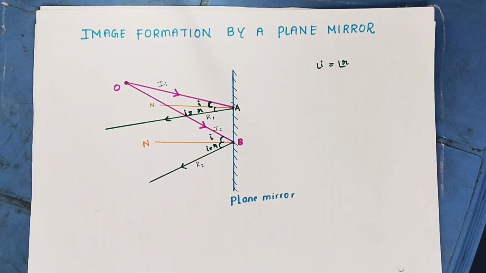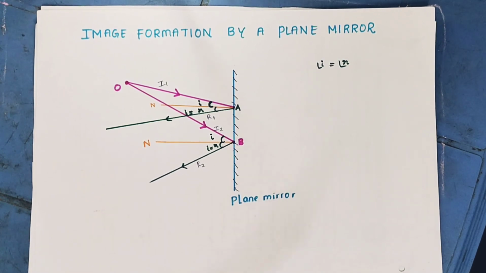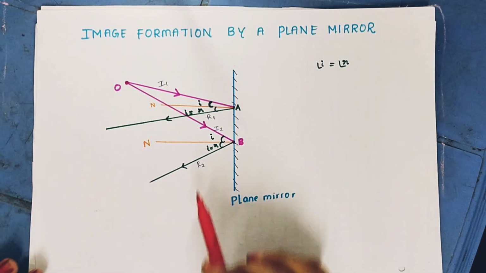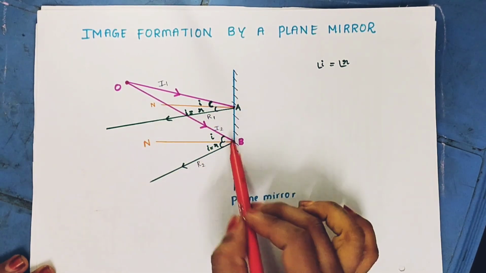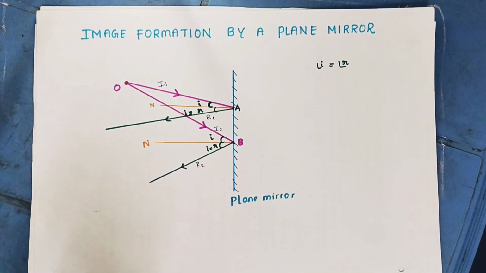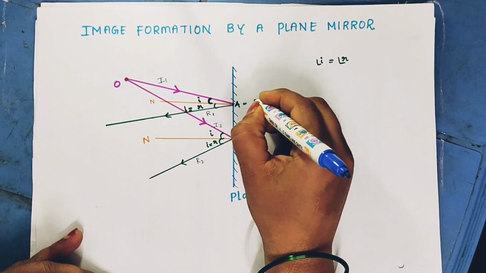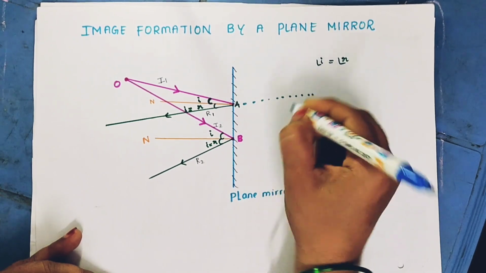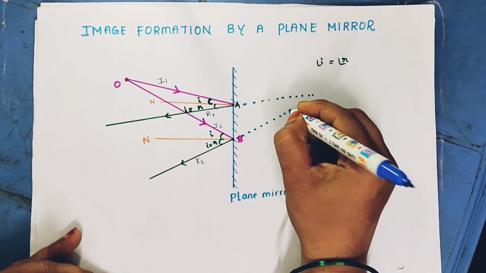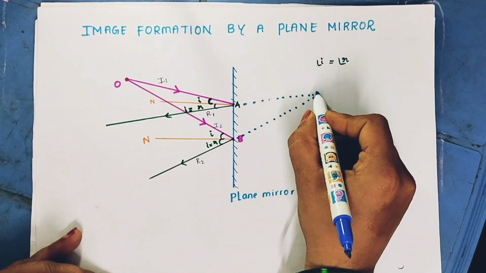Now, as I said, for the formation of an image, the two rays, whether reflected or refracted, should intersect with each other. But the reflected rays R1 and R2 are not touching each other at all. But you can simply see here, they appear to diverge from one point if you extend the reflected ray 1 to this point.